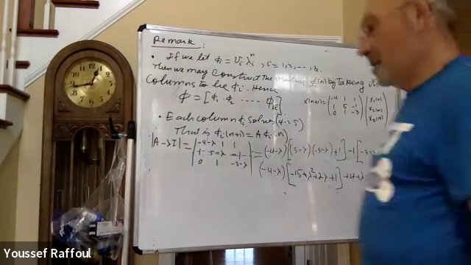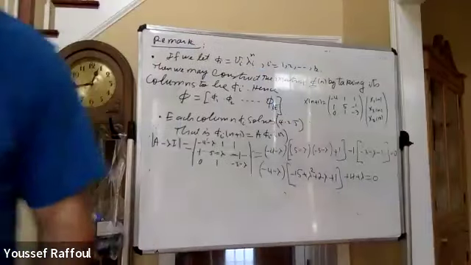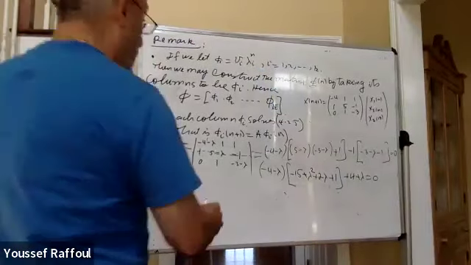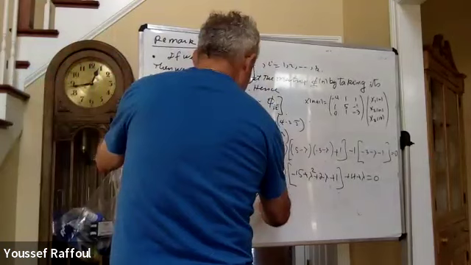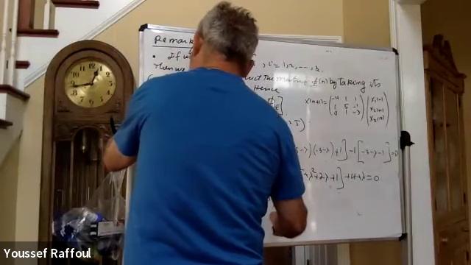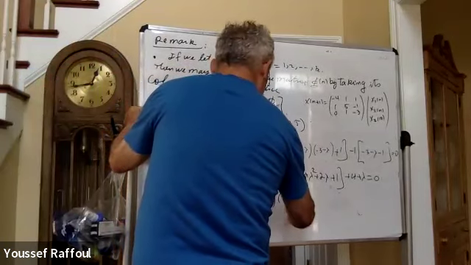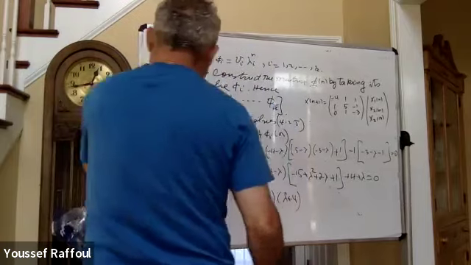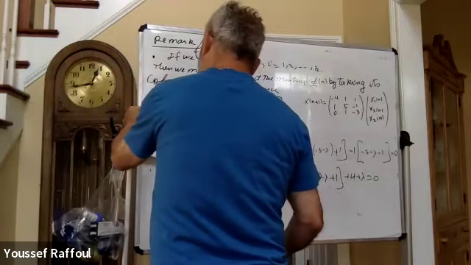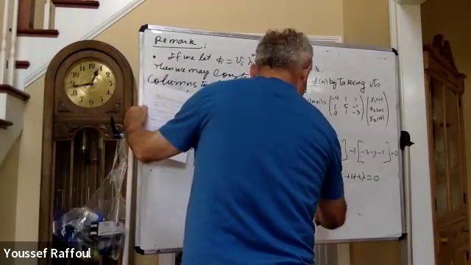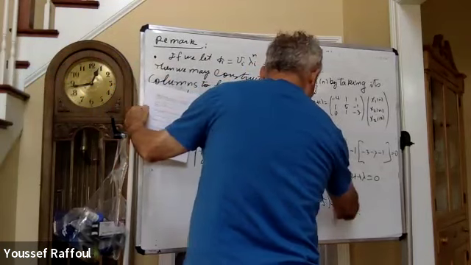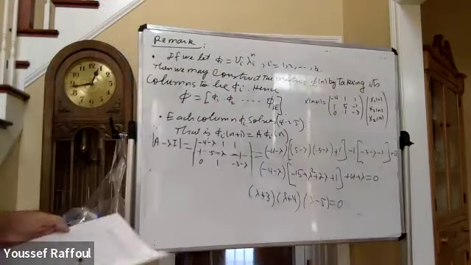And this is going to be (lambda plus 3)(lambda plus 4)(lambda minus 5) equals 0.